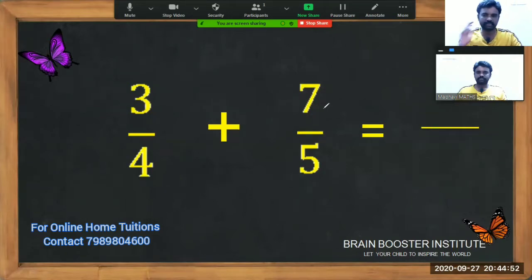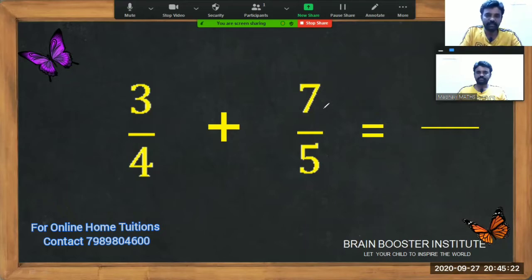As a general method to add and subtract fractions, first we find the LCM of the denominators of each fraction. But here there is no need of finding the LCM. So then how can we solve this problem?